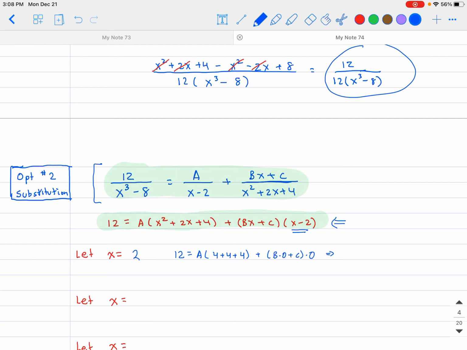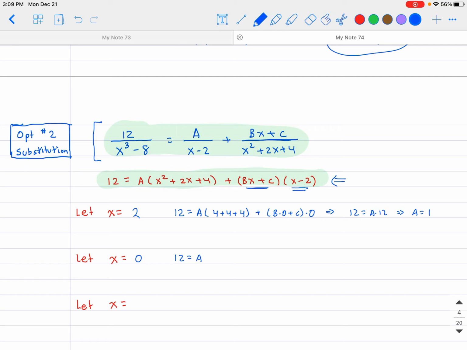So similarly, let's choose something else then. Let's say this time we let x equal 0, because I noticed that over here, that's going to get rid of this b term. So if x is equal to 0, then we're going to get 12 is equal to a multiplied by 0 plus 4, and then plus the 0 over here for b, and then plus c multiplied by negative 2.